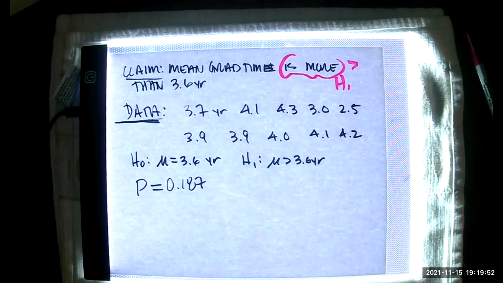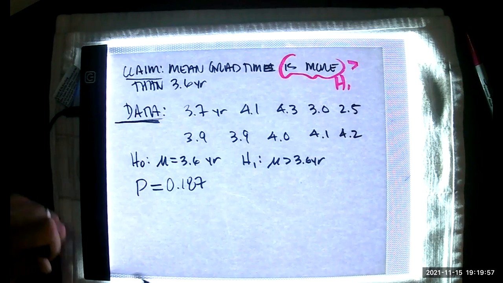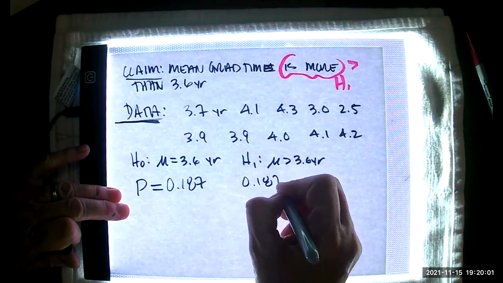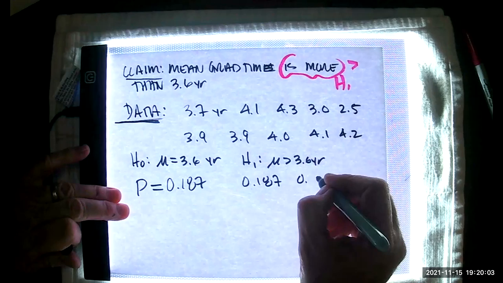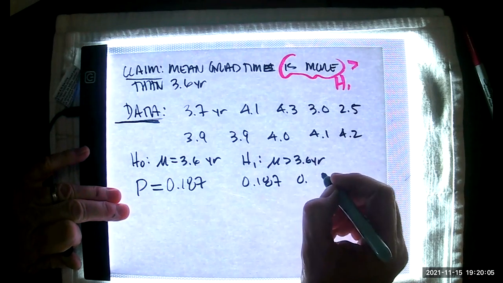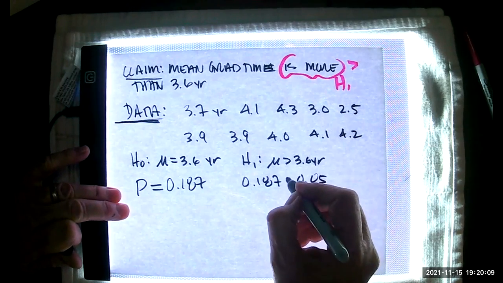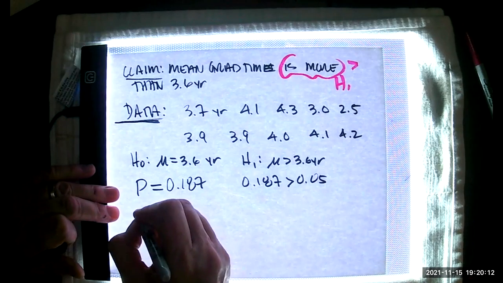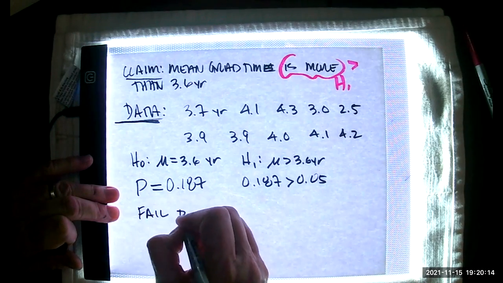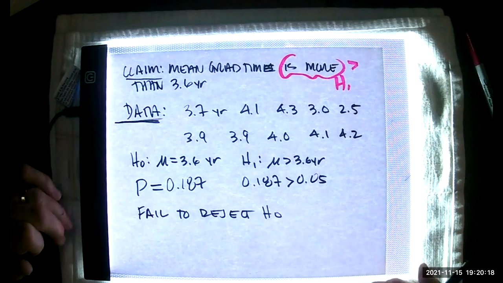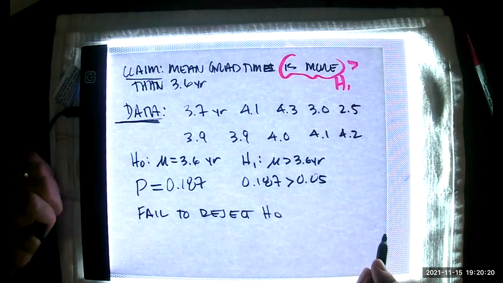Let me stop the share. So I will compare this to, oh, did I set an alpha? I did not. I'm going to use 0.05. And the p-value is greater than that, so we are going to fail to reject the null hypothesis.